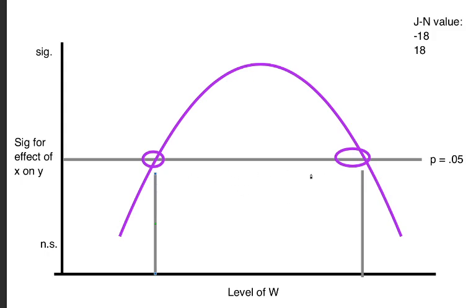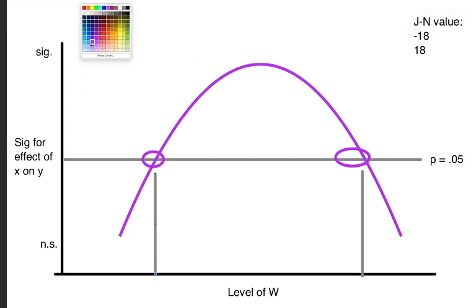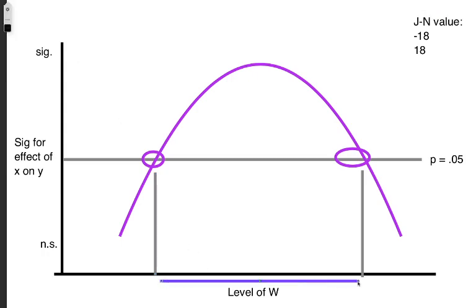But at intermediate values, there is a relationship between X and Y, only in this area, for these levels of W. I might interpret this one by saying that between negative 18 and 18 units, plus or minus 18 units around the mean of population density, attractiveness has an impact on the number of souls the vampire harvests.